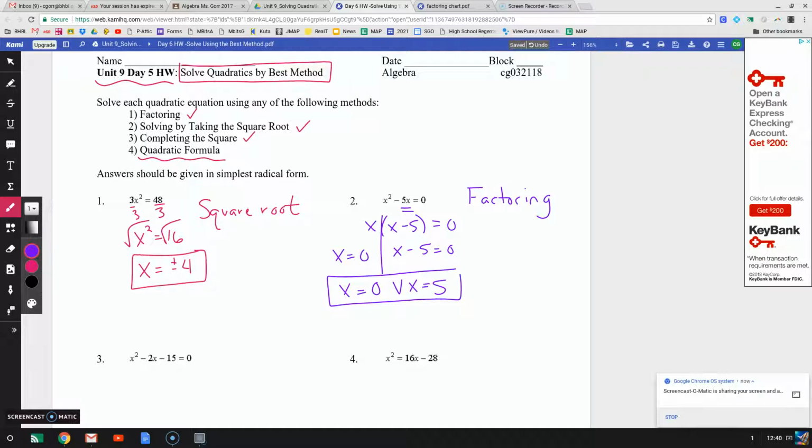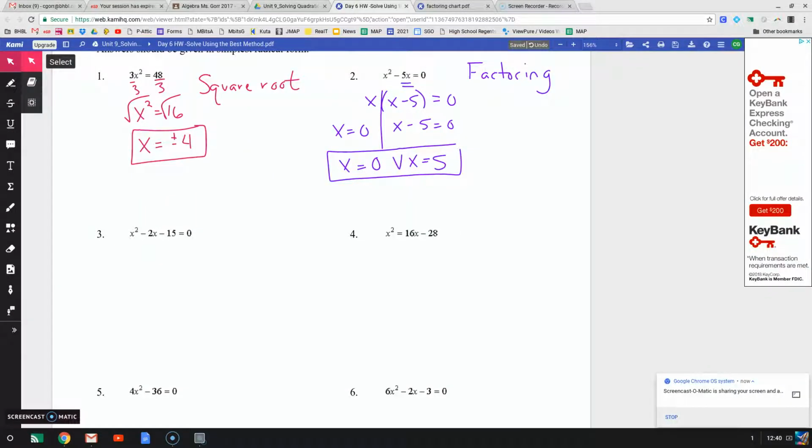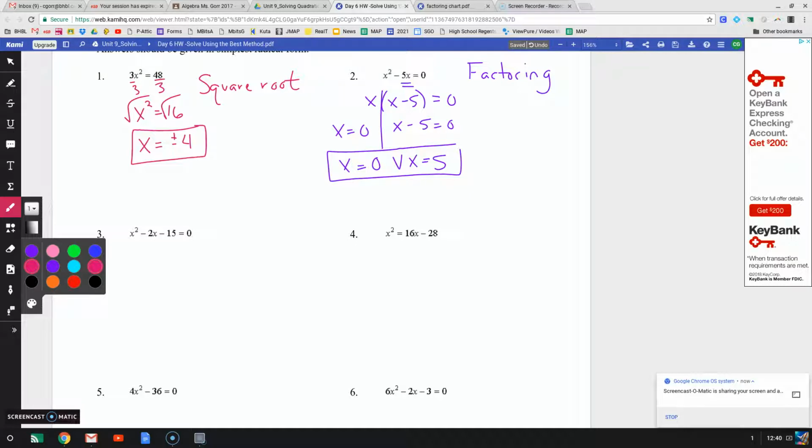Taking a look at number 3. I have a trinomial, so I'm not going to be using my square roots. I'm thinking about, can I find numbers that multiply to 15 but add to negative 2? Oh, I certainly can. So I am going to try to factor this problem.